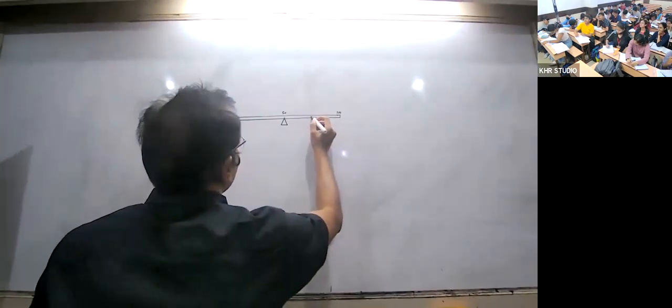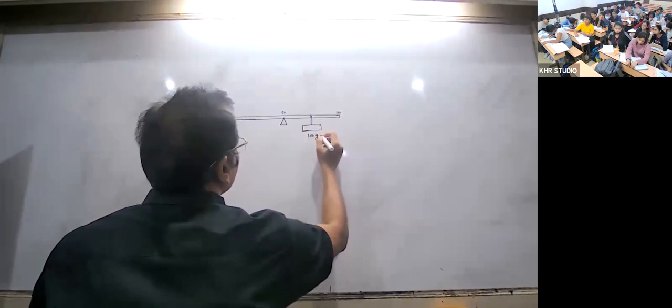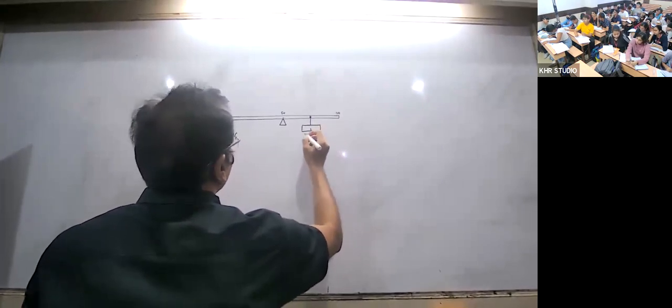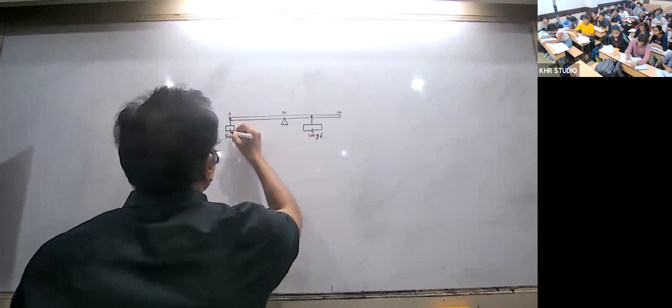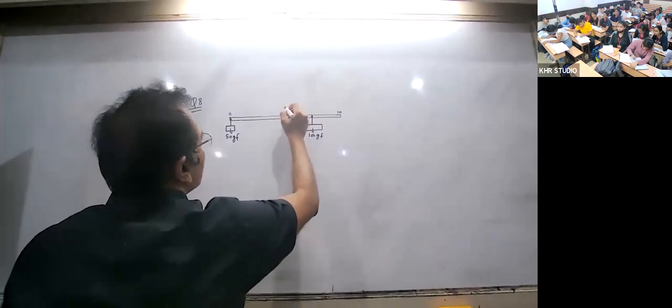We don't know, so let's say we are suspending it somewhere here. Let's say this is your 100 gram force. Again, it is coming down like this. Imagine this distance is x.